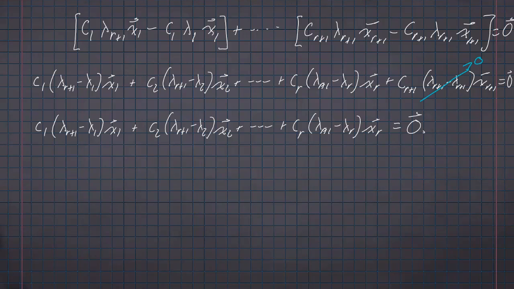Notice that I now am looking at the set x1 through to xr, which we said was linearly independent.